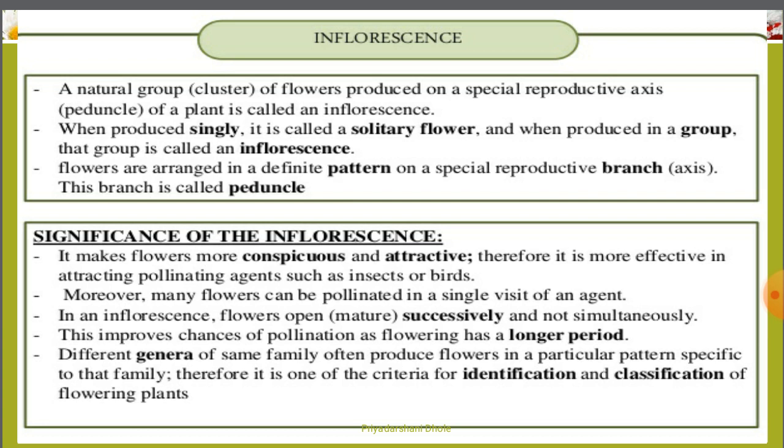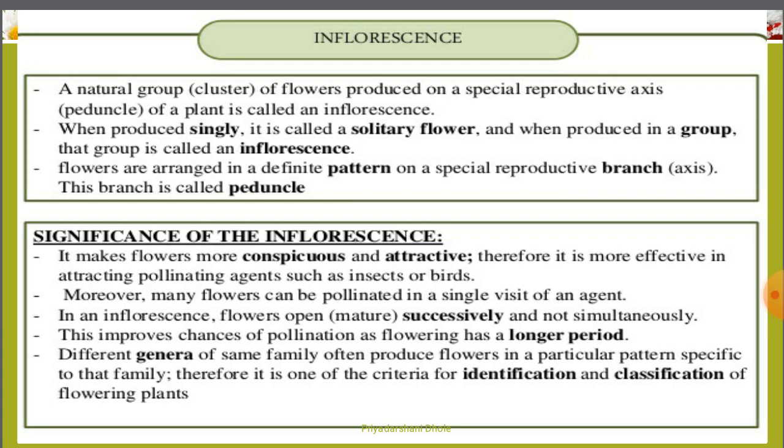When produced singly, it is called solitary. Solitary means single. When flowers come singly, such a flower is called a solitary flower, and when produced in a group, that group is called an inflorescence. Flowers are arranged in a definite pattern on a special reproductive branch axis, which is a peduncle.